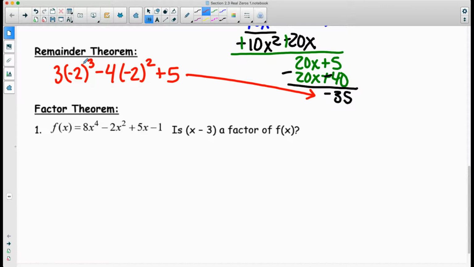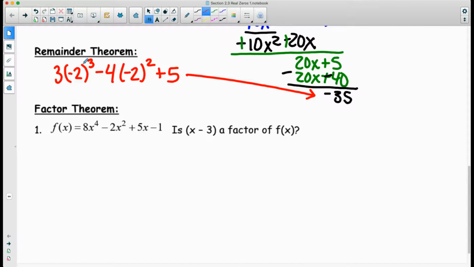I took what we had in the little box, which was that -2, and if you plug it back in for x, the answer you get is going to be your remainder. It's kind of like the discriminant when you're doing the quadratic formula. It doesn't tell you the answer. It tells you what it is going to be like, if you will. The discriminant told you how many and what type of solutions you were going to have. So the remainder theorem is not necessarily telling you the answer of the problem, but it's going to tell you if it goes into it evenly.